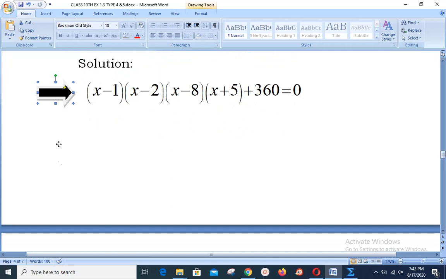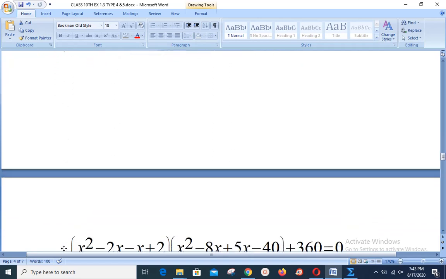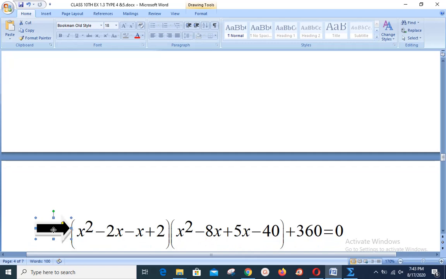Multiplying x minus 1 into x minus 2, we can get easily x square minus 2x minus x plus 2, and multiplying the other 2, that is x minus 8 into x plus 5, we have x square minus 8x plus 5x minus 40, plus 360 is equal to 0.